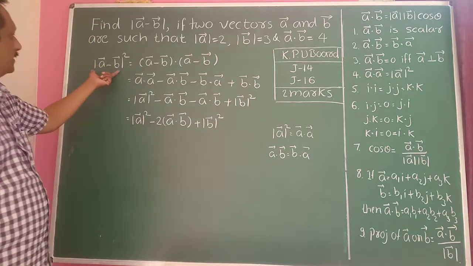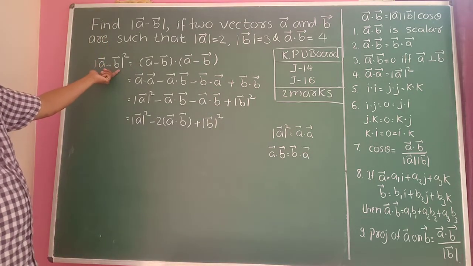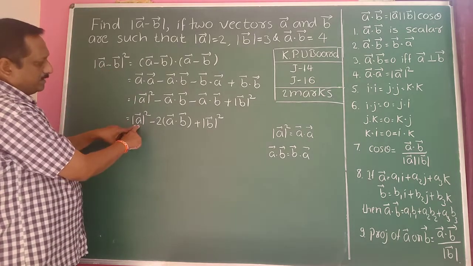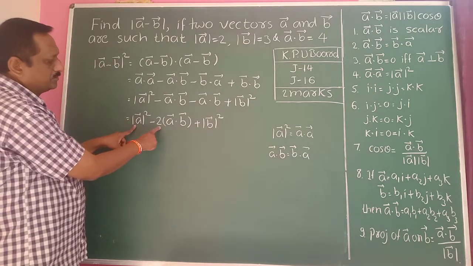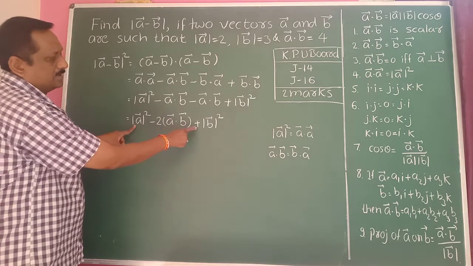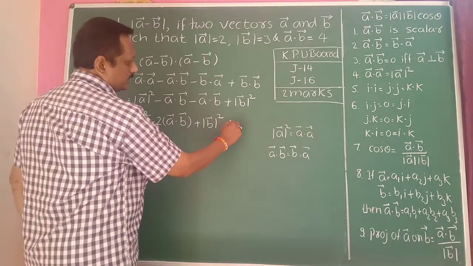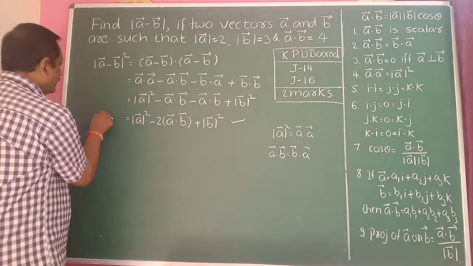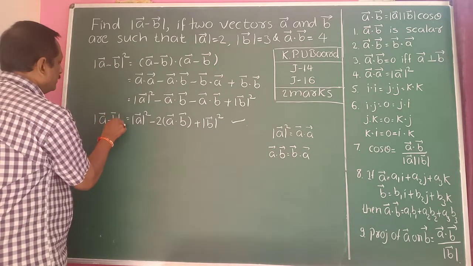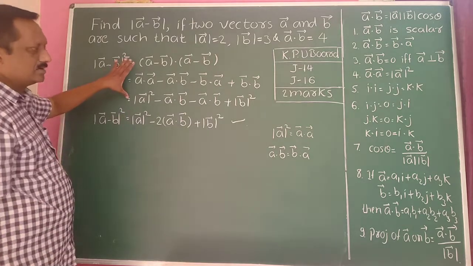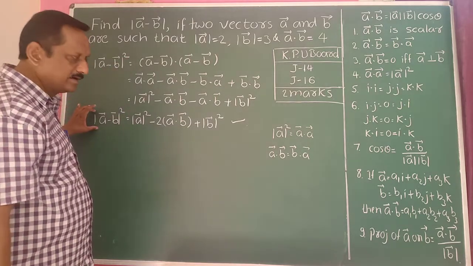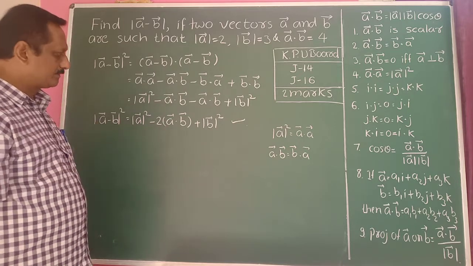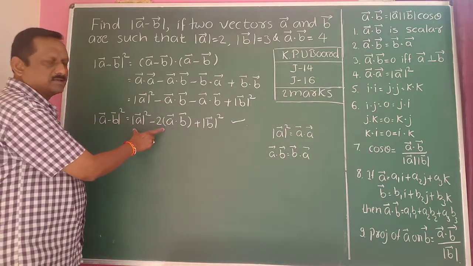So this is the formula: modulus of a bar minus b bar whole square is modulus of a bar square minus 2 times a bar dot b bar plus modulus of b bar square. Just remember it. You can write this formula directly instead of writing all the terms. This is just a proof of this formula.